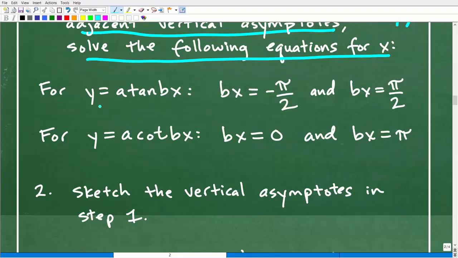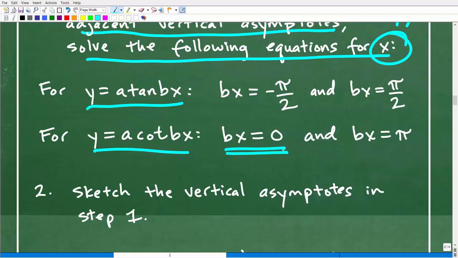So for tangent, I'll cover tangent as well, although we're doing cotangent for this problem. y equals a tangent bx. bx is going to be equal to negative pi over 2, and bx is going to be equal to pi over 2. Remember, we're solving these equations for x. And then for cotangent, we're going to be solving bx equals 0, solving for the variable x again, and bx equals pi. Again, b is the value that is in front of x.